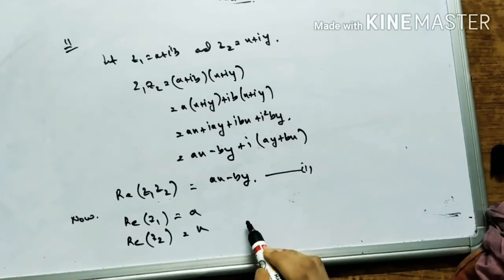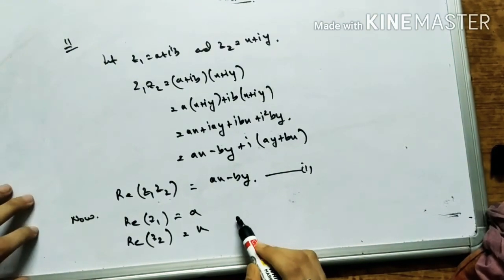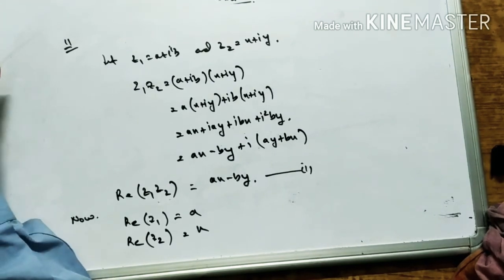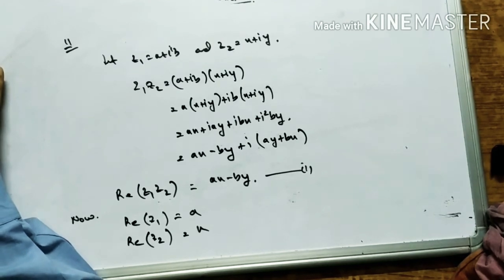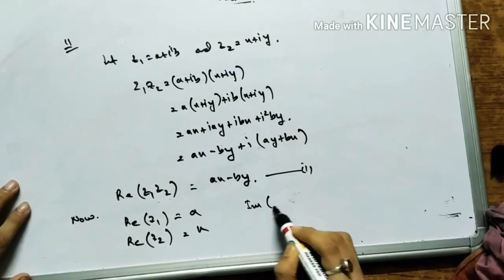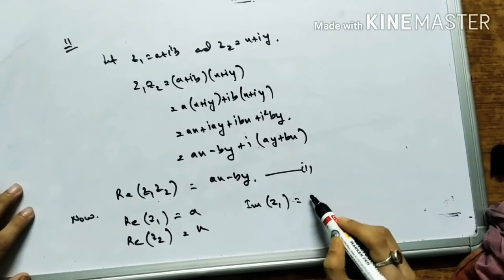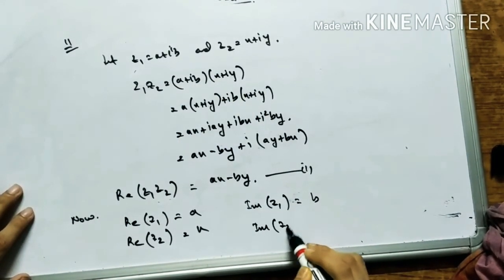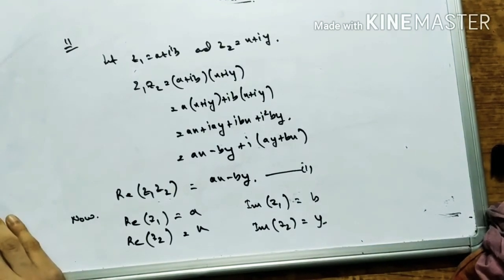Next, Im z1, the imaginary part of z1, is b, and Im z2 is y.